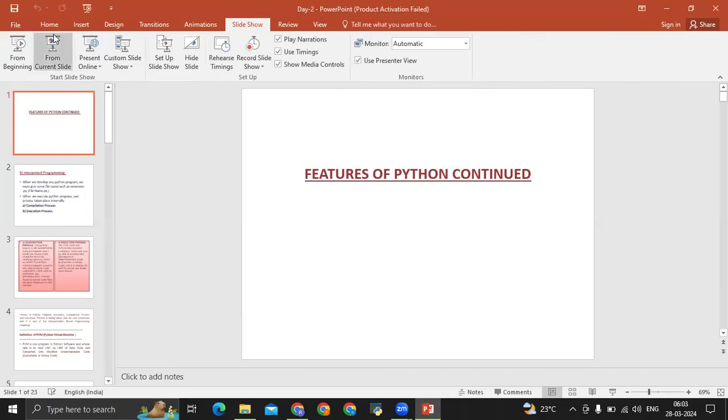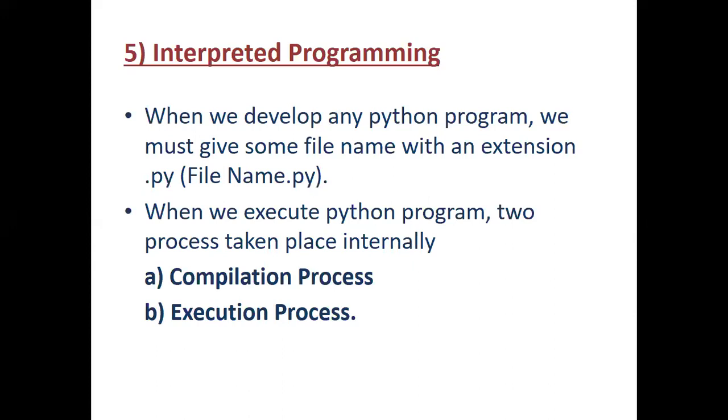What does that mean? As I've told you, whatever file we save, we need to save the file with the .py extension. And whenever we execute the Python program, two processes take place internally: one is a compilation process and the second is an execution process.